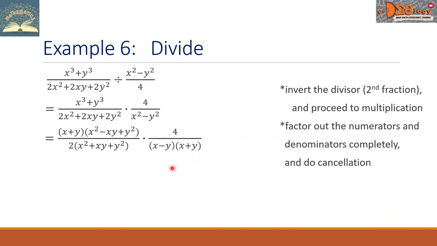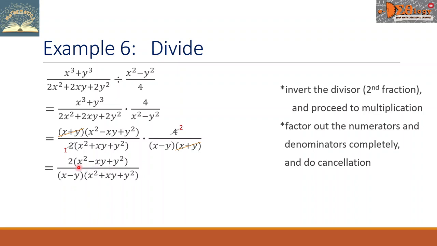Now we do cancellation. We can cancel the x plus y and the x plus y here. Also, the 4 and the 2. 2 becomes 1, 4 becomes 2. Note that this trinomial cannot be cancelled out with a trinomial in the denominator because the signs of the middle terms are not equal. So, we just put together the remaining values.